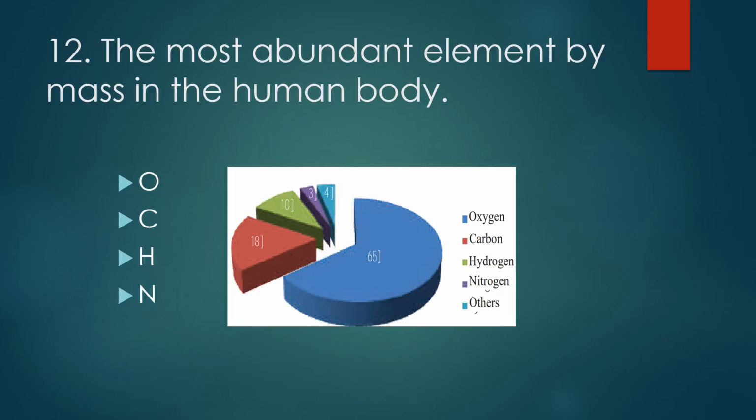Here, I think you can see clearly the blue color part which stands for oxygen. This part is very huge. That means it's the most abundant. So blue color stands for oxygen, and the answer is oxygen.